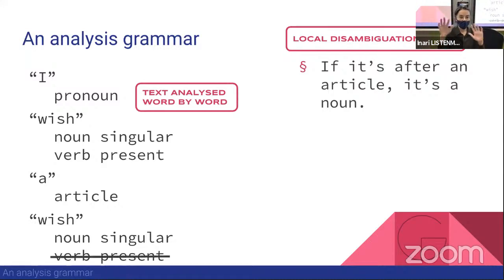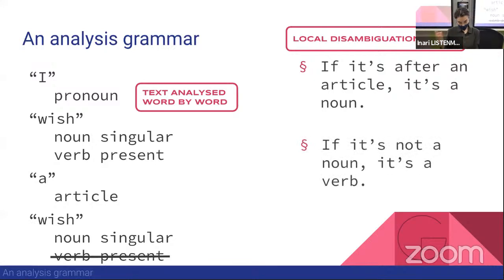So this one disambiguates the second word. And to make a bit of a shortcut, we say, if it's not a noun, it's a verb. So then we disambiguate the first one. And now we have also come to the desired conclusion: we have disambiguated these words, with only one part of speech tag for each of them.